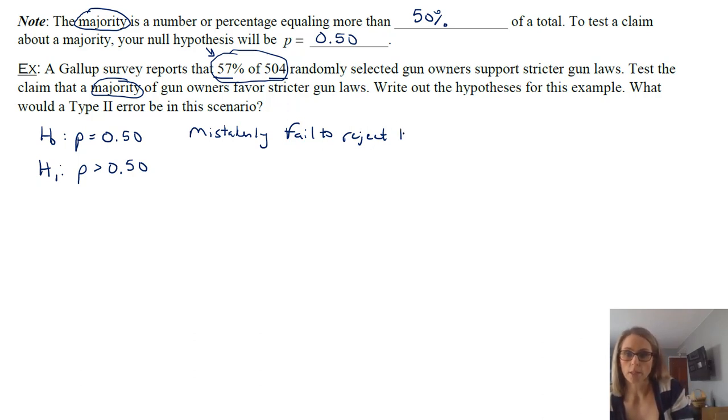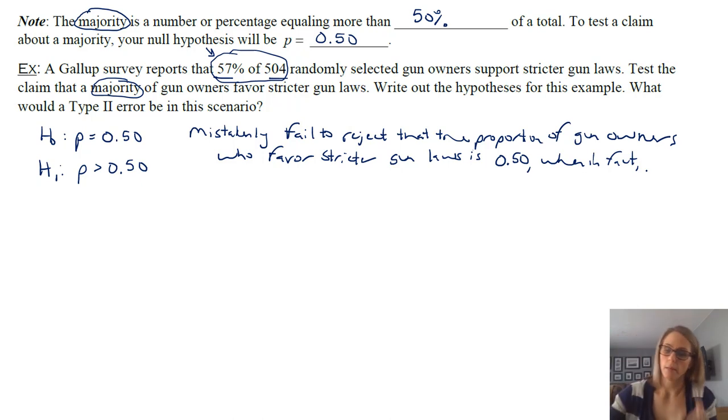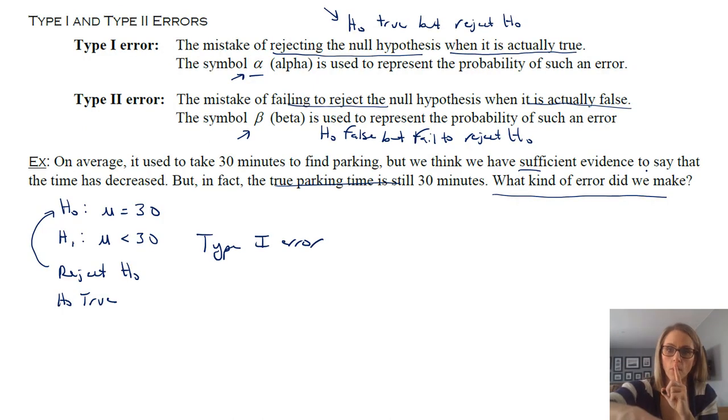Mistakenly fail to reject that the proportion of gun owners who favor stricter gun laws is 0.50 when in fact, and then I'll go back, when it is actually false.